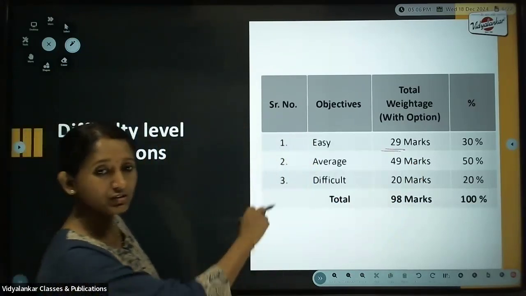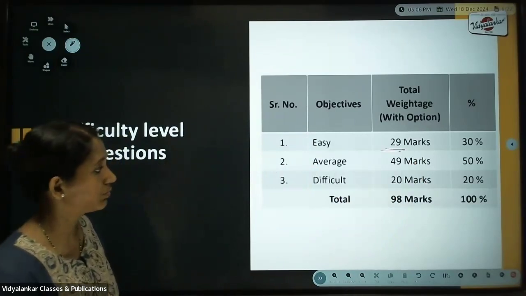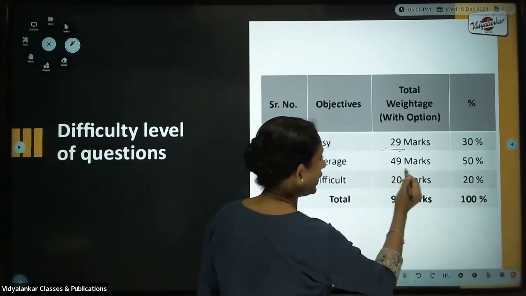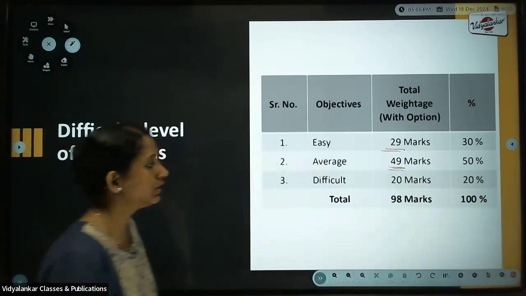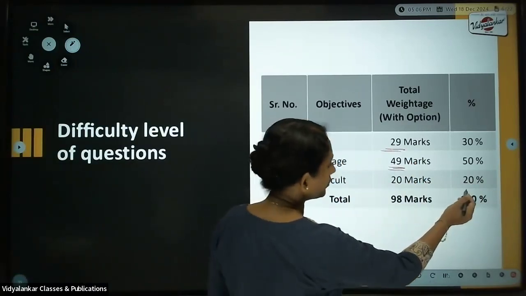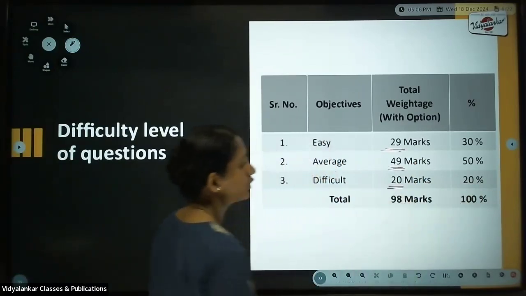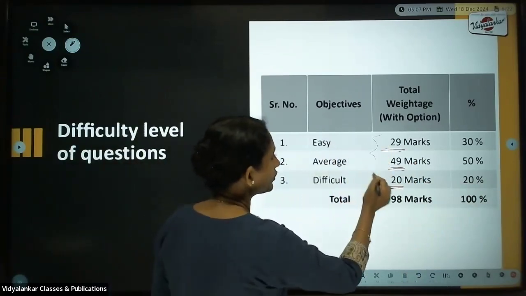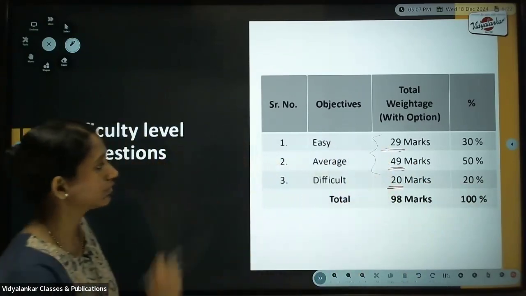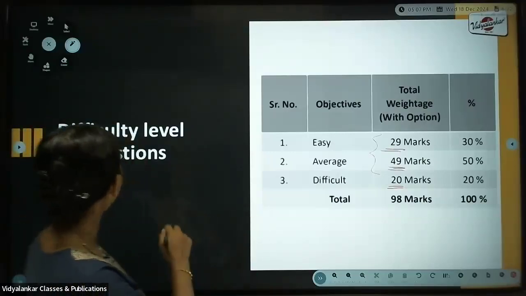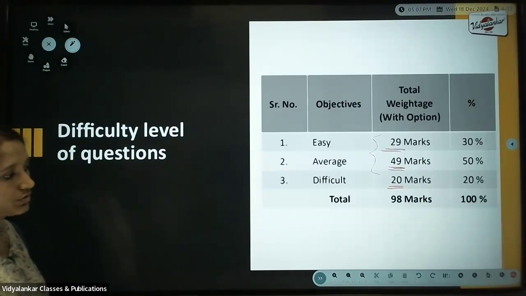This is based on a few previous year question papers. Average type of questions are almost 50% and come for 49 marks. And difficult questions are only 20%, which comes for 20 marks. So at least you can focus on getting full marks in the easy and average type of questions. So this is the difficulty level of questions.